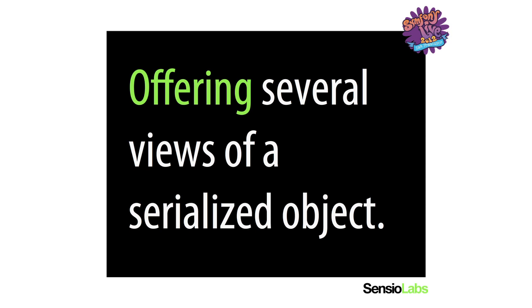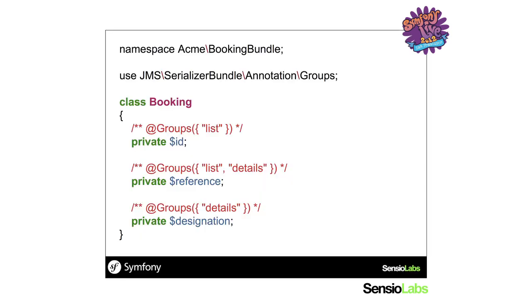You can also offer several views of your serialized objects, because depending on the context, you want to expose some values or other values. So it's like validation constraints.